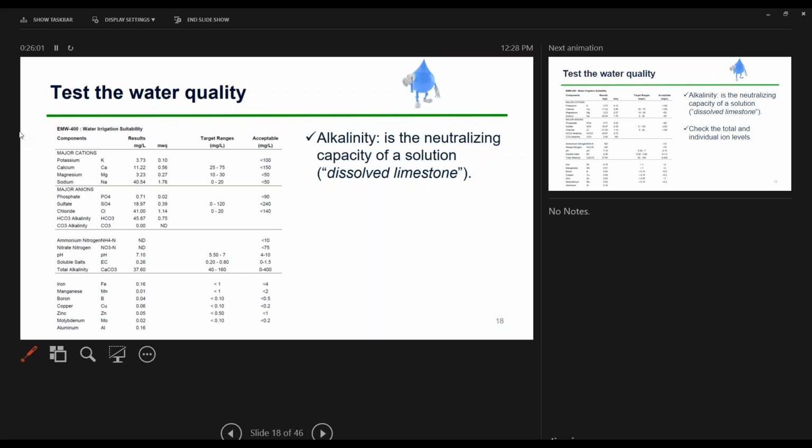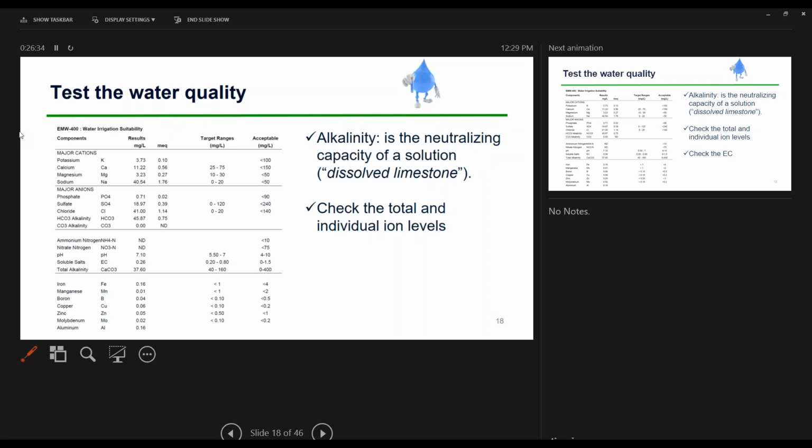So alkalinity: the easiest way to think of it is, if I had dissolved limestone in my water, that number is the equivalent to alkalinity. Similar to what we were talking about with flowable limestone, it's the equivalent. Everything that will react with acidity adds up into alkalinity. You want to check the total and individual ion levels, because you want to know if you have too much calcium.